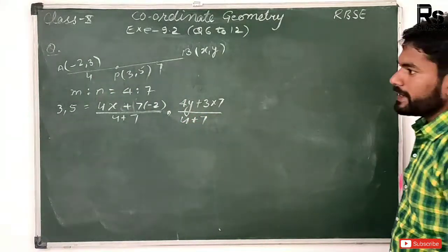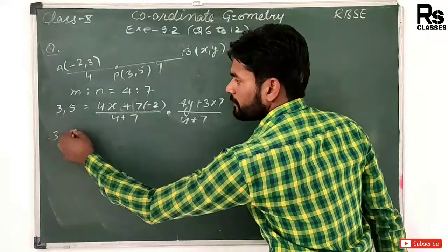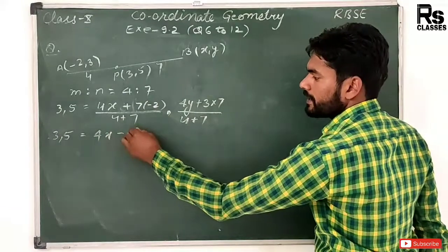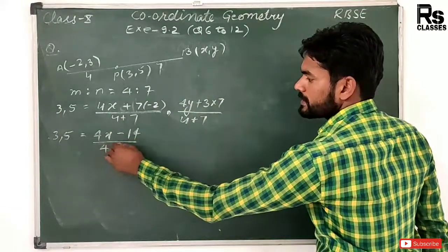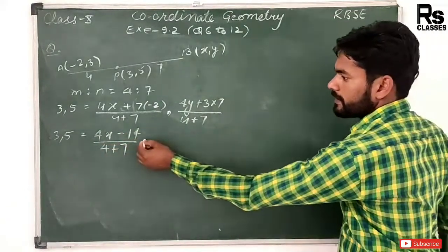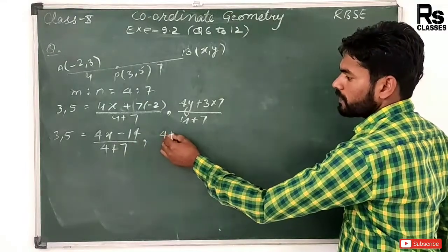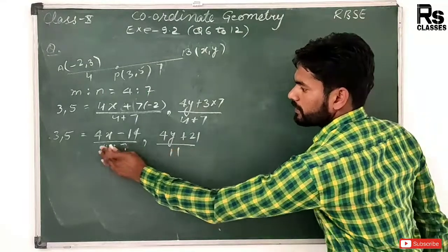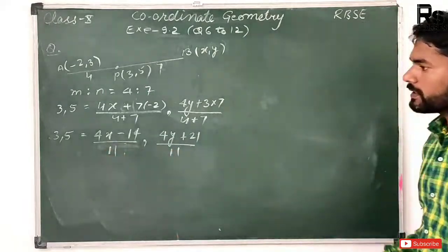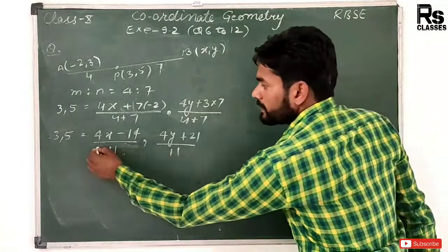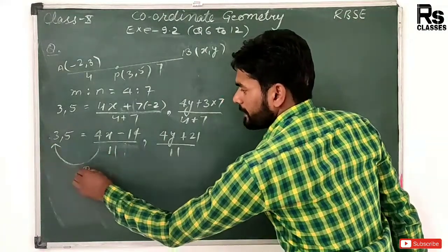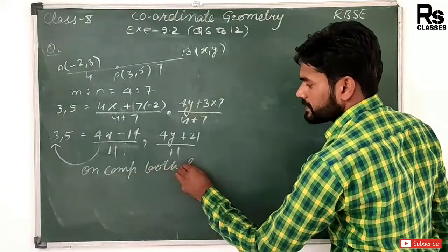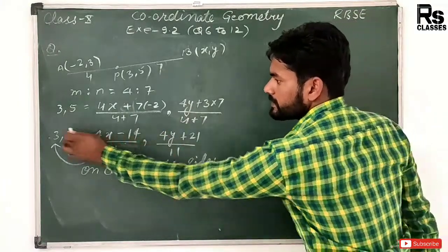Clear? Now simplify it. (3, 5) is equal to ((4x minus 14) upon 4 plus 7), comma, ((4y plus 21) upon 11). Here also take 11, that is 7 plus 4. This value is equal to this, so on comparing both sides, this equals to this.